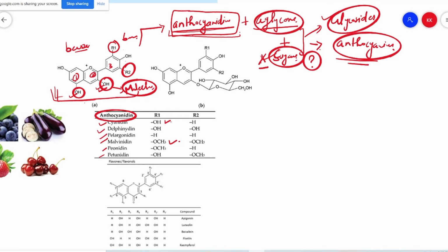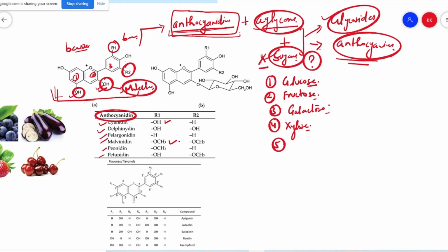Note down the sugars which can be present with the aglycone ring: number 1, your common sugar, glucose; second, fructose; third, galactose; fourth, xylose, this also can be present here; fifth, arabinose.